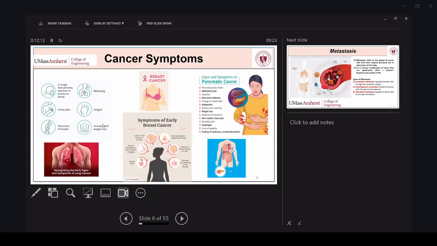Given these symptoms, do you really expect that you've got cancer? No, right? Wheezing is just a normal symptom like other infections. Chest pain, yeah. If you have chest pain, it's a severe condition, an alarm. You need to go to your physician immediately and do your full body check.